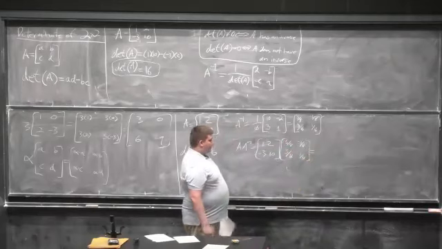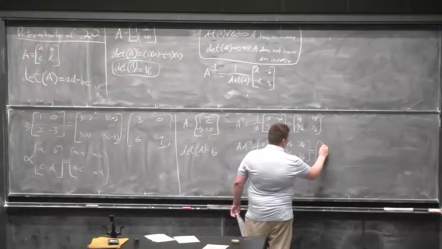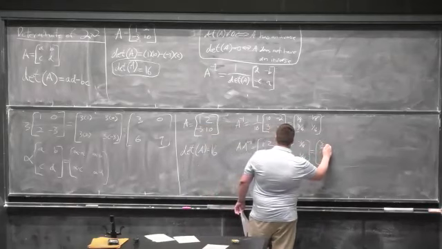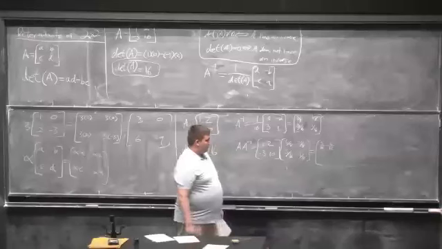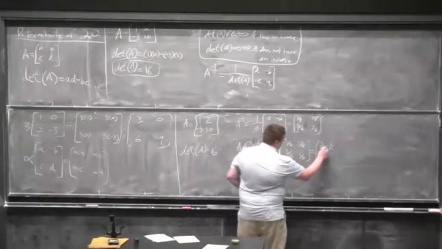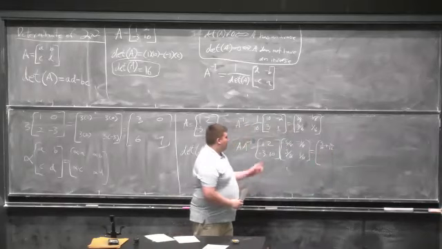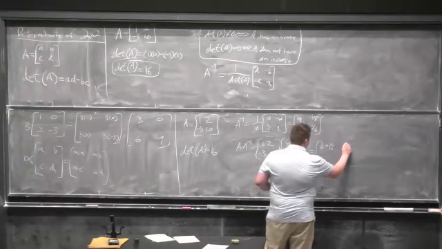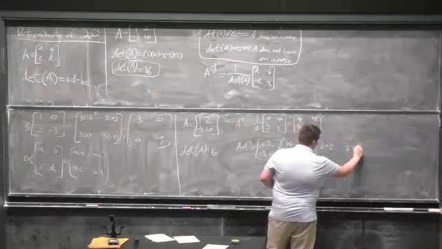And when I do the matrix multiplication, I have 5/8 plus 6/16, or 2 times 3/16. For the next entry, we have -1/8 plus 2/16.